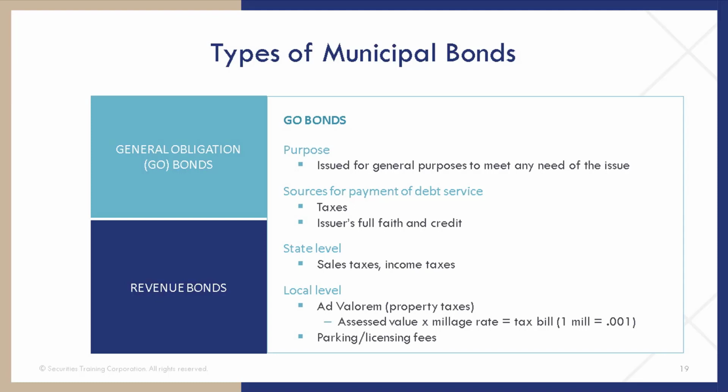So if you had property with a market value of $200,000, but an assessed value of $150,000, and a tax rate of 9 mils, you would take the assessed value of $150,000, not the market value of $200,000, times the tax rate, which is 9 mils, but 9 mils is 0.009. So it would be 150,000 times 0.009, and that would give you your tax bill. And local municipalities might also collect money from things like parking and licensing fees.